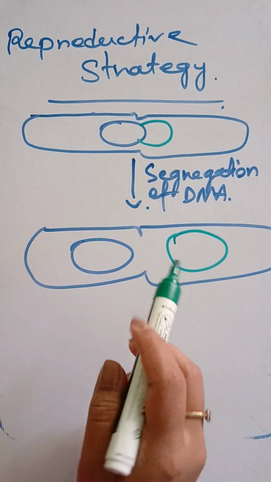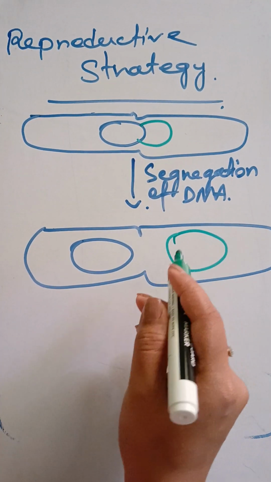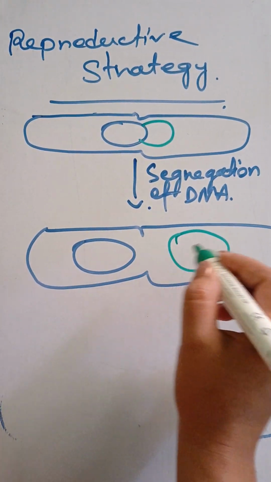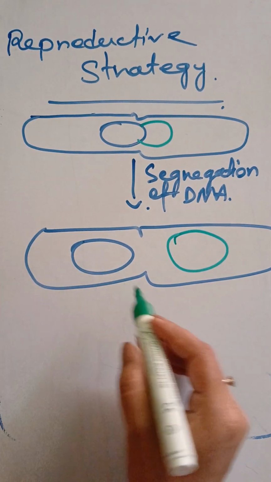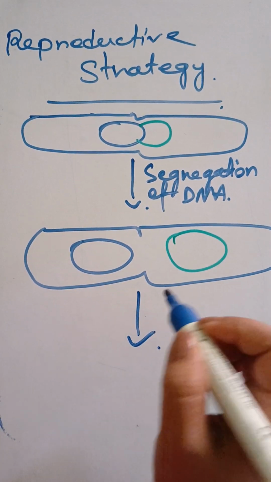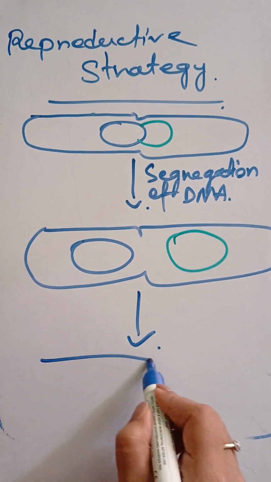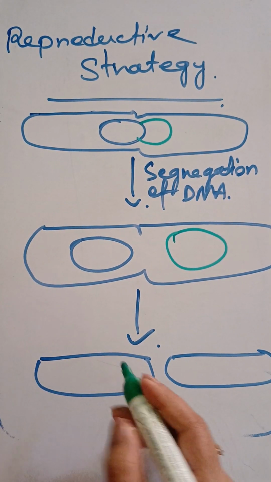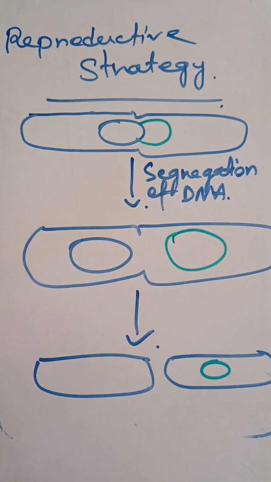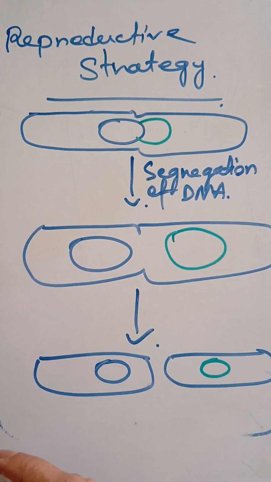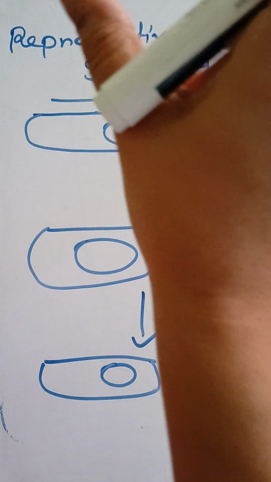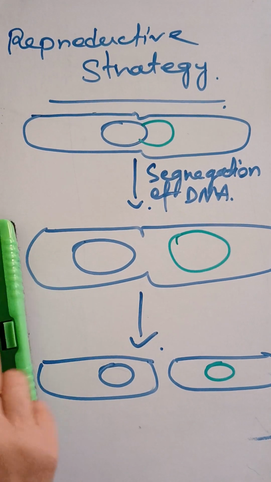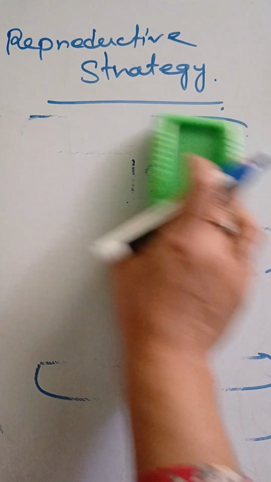The two DNA copies that have been segregated move into different parts of the cell, and finally the cell divides and gives rise to progeny bacterial cells, or two daughter cells. So this is the simple process of binary fission which is followed by bacteria and archaea.